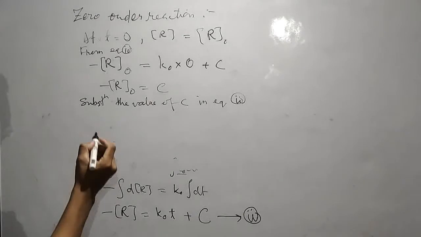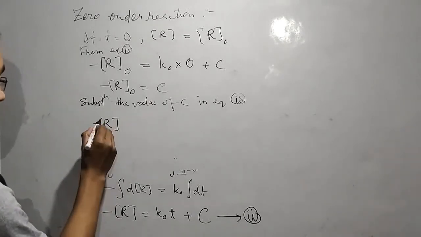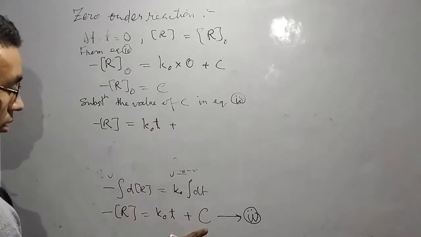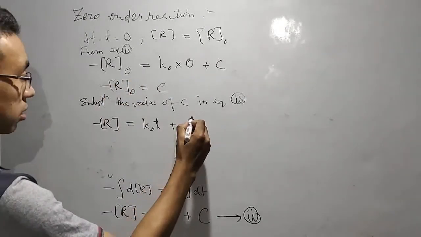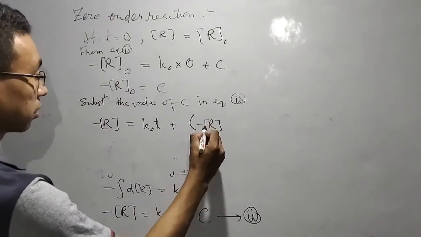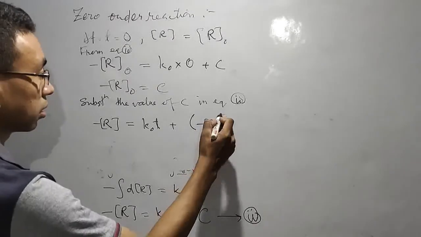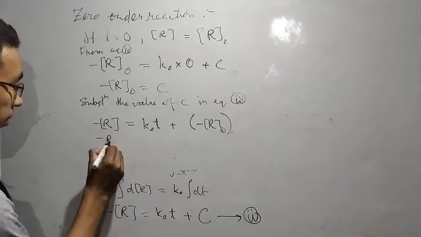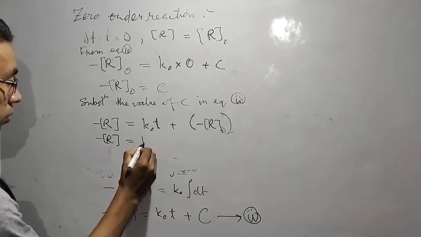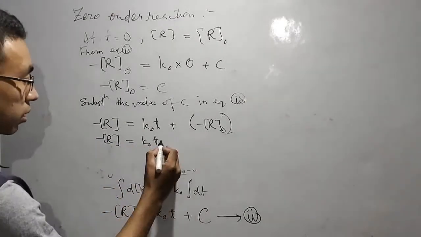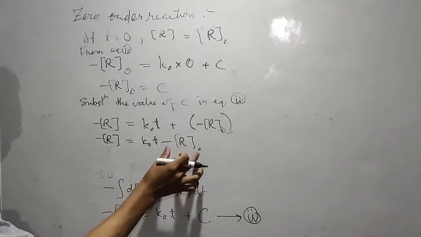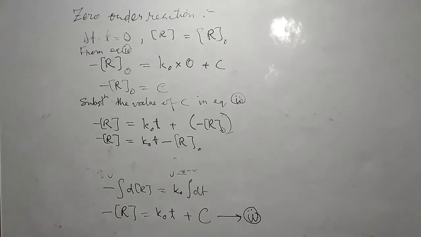We get minus [R] equals k naught t plus C. What is the value of C? We got C as minus [R] naught. So it is k naught t, plus into minus, minus [R] naught. Now this minus [R] naught, you transfer to this side, it will become plus [R] naught.